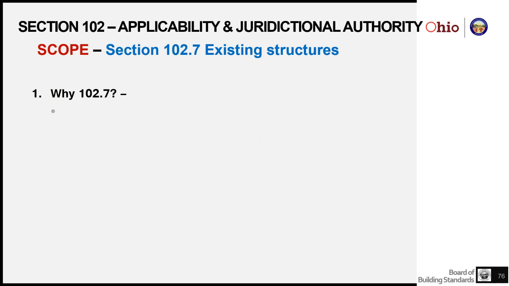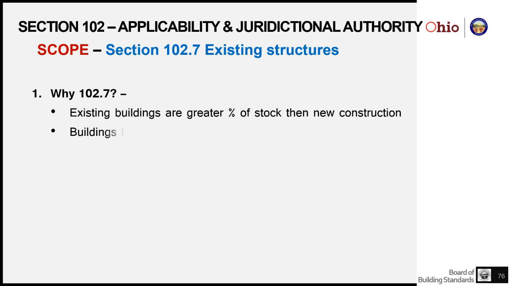Well, in brief, existing buildings make up a huge part of the stock, a much greater percentage than new construction. There's a concept out there that buildings have rights, so an existing building has a right to continue to exist, and that it serves as guidance for enforcement. I think those are the primary things for 1027.